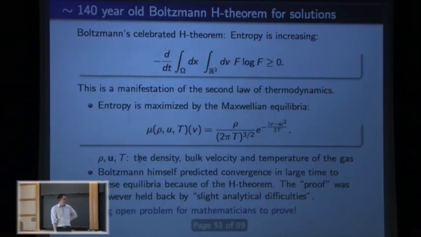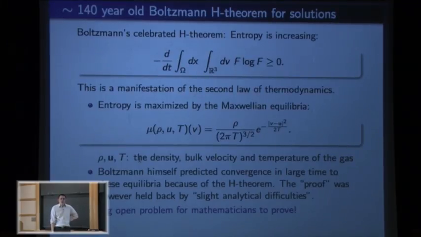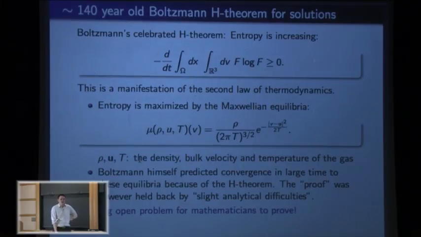This is a big open problem for mathematicians to prove. The big result of Villani and Desvillettes got mentioned in the Fields Medal laudatio last time, by Yao, about proving convergence to equilibrium for large data solutions, modulo making very high order assumptions on the solution that you still don't know whether or not they exist.